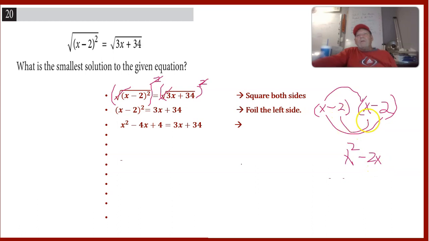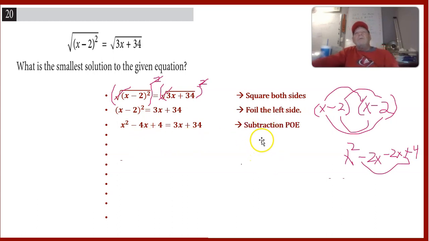My I is inner, which is negative 2x. And my L is last, which is plus 4. And you see, when we combine these like terms, I'm going to get my negative 4x here.